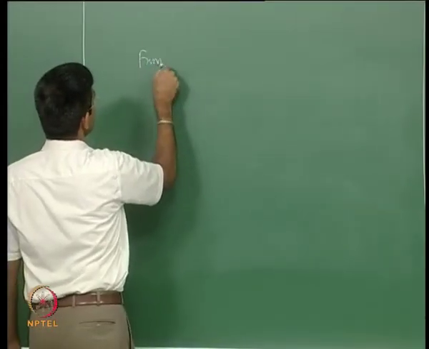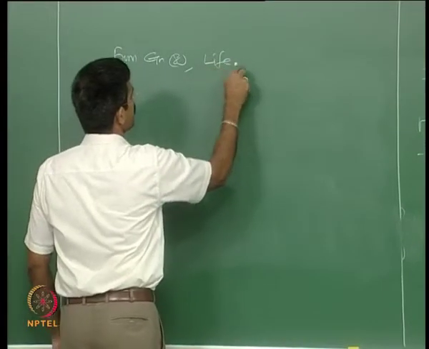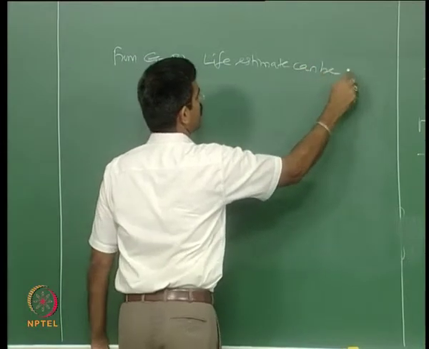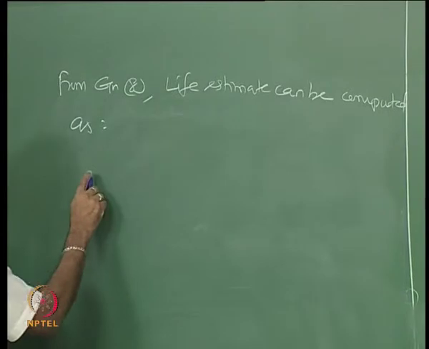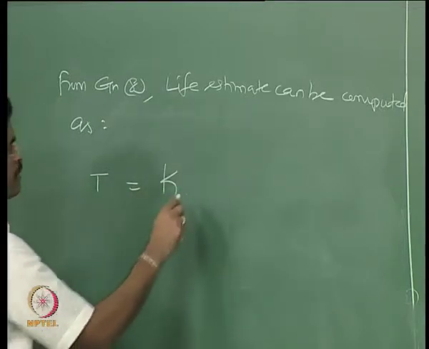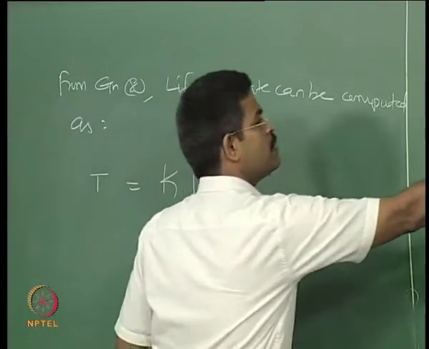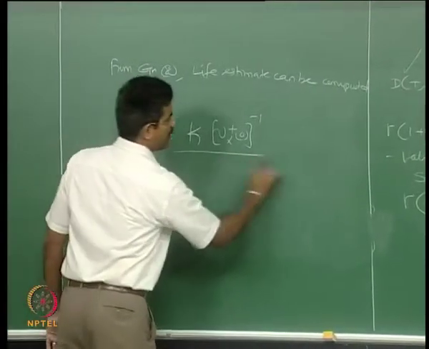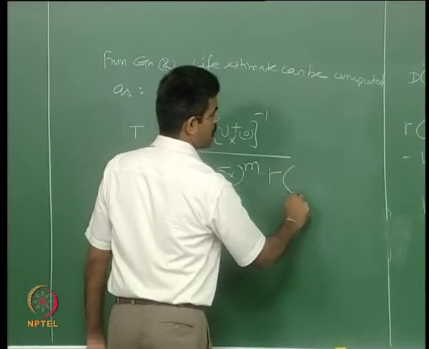So, from equation 8, the life estimate can be computed as K, v_x plus 0 inverse, I am interested in finding out T, divided by 2 root 2 sigma_x to the power m, gamma function 1 plus m by 2.